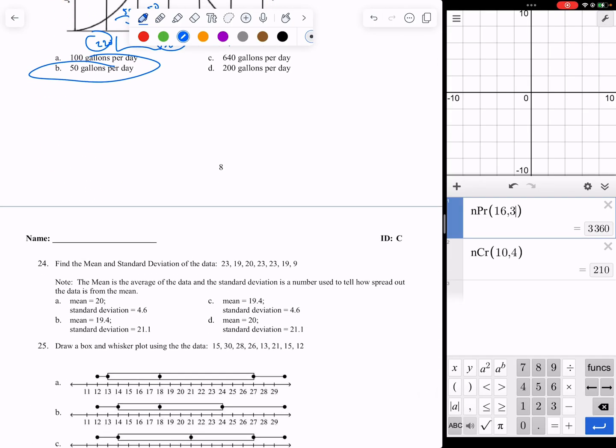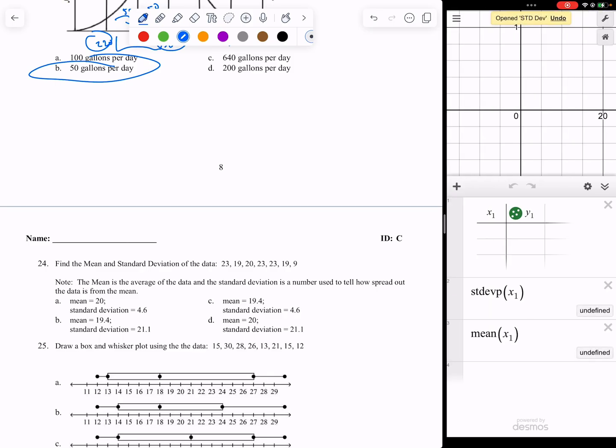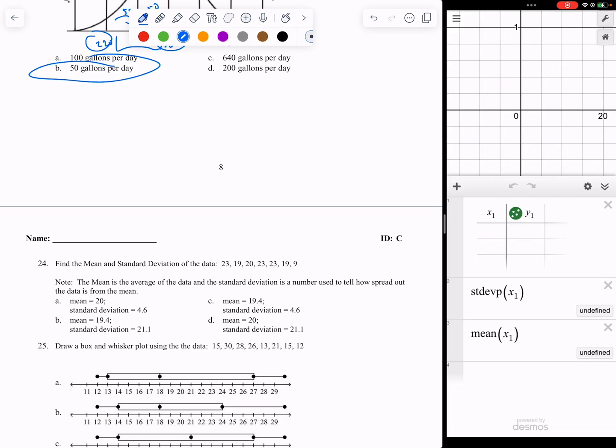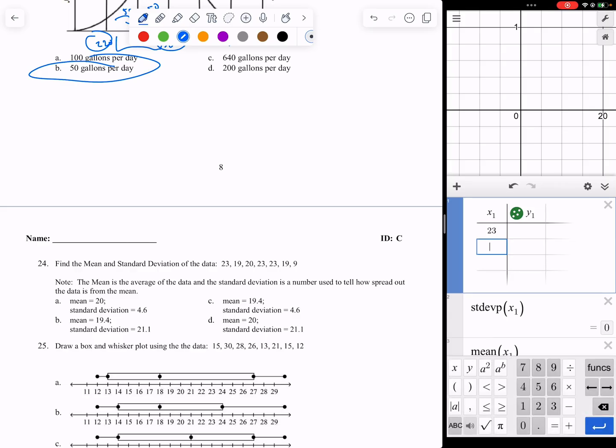Find the mean and the standard deviation. Now go to your menu, standard deviation. Remember, we want standard deviation P. 23, 19, 20, 23, 23.